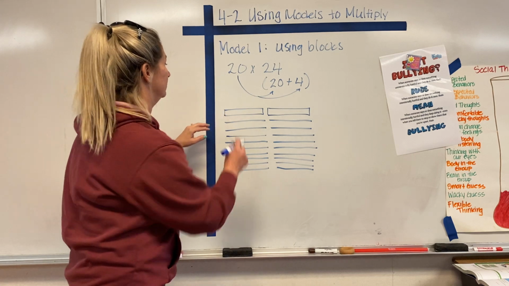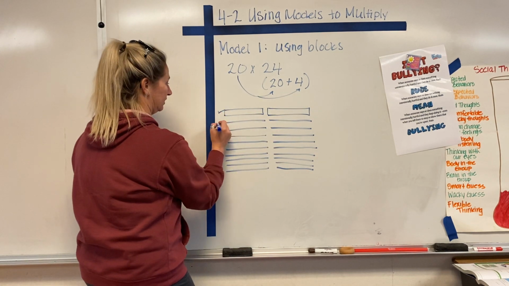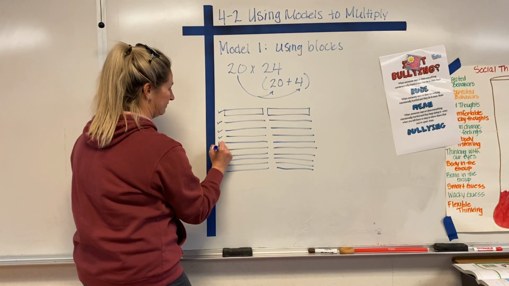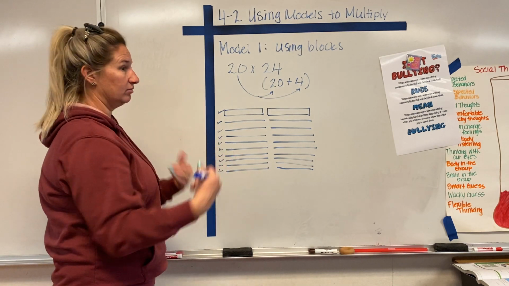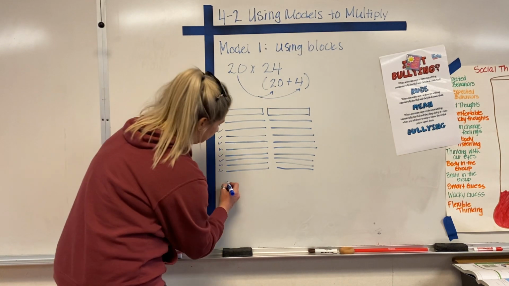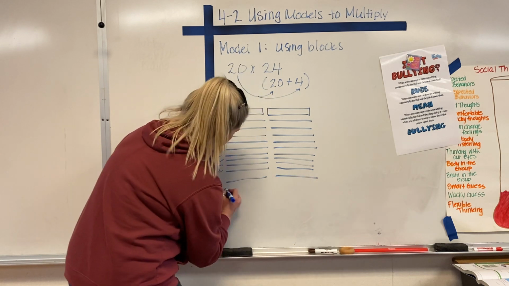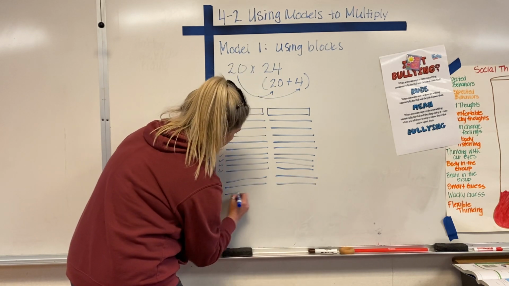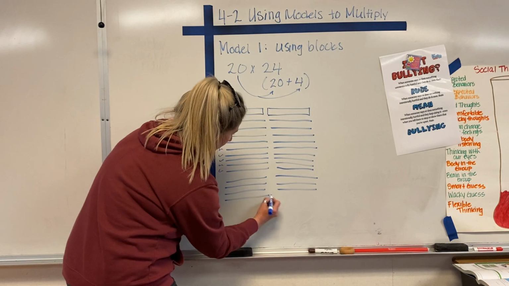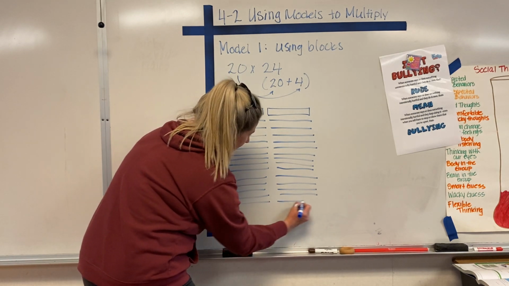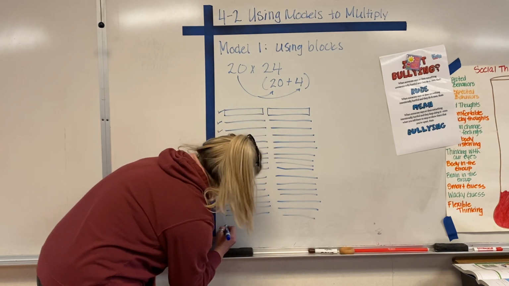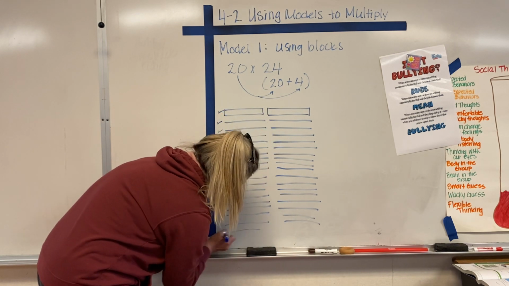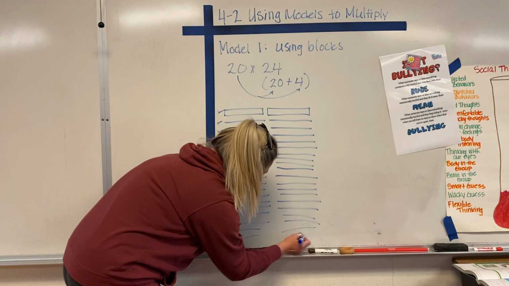So this is the 20. So that's 1, 2, 3, 4, 5, 6, 7, 8, 9, 10. So I need 10 more of those 20s. So 1, 2, 3, 4, 5, 6, 7, 8, 9, 10.